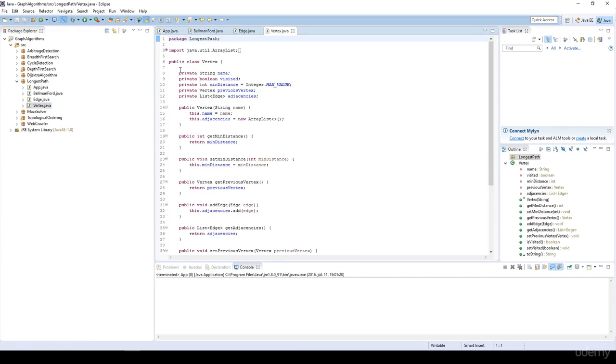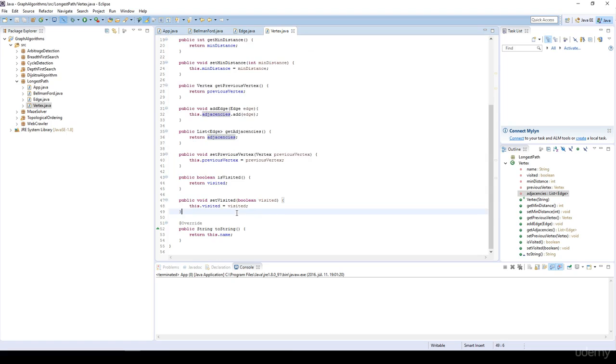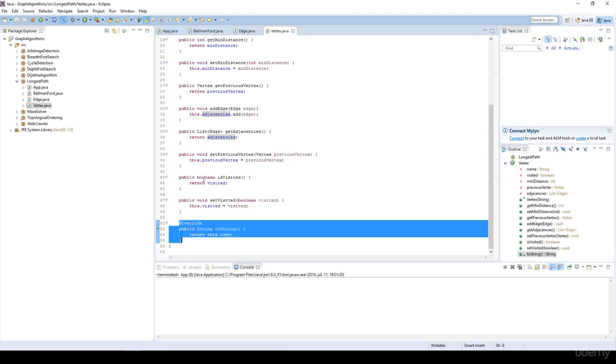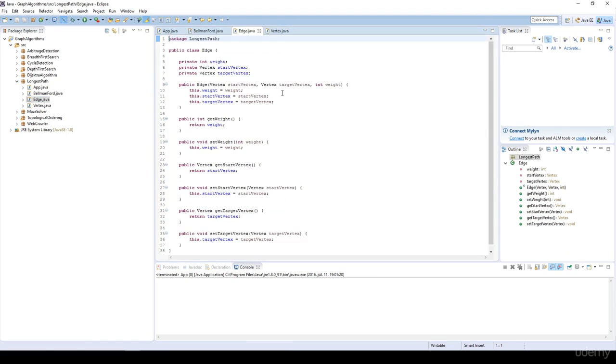So basically the vertex will be the same. We have the name, we have the visited, we have a min distance, we have the previous vertex or the predecessor, we have the adjacencies list of edges, basically the getters and the setters, and the toString method. Then we have the edge, as we have seen for Dijkstra algorithm and Bellman-Ford algorithm, with the edge weight, with the start vertex and the target vertex.